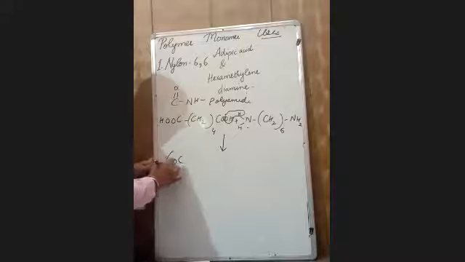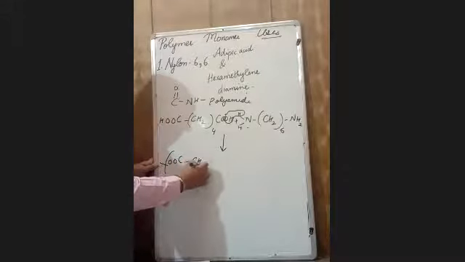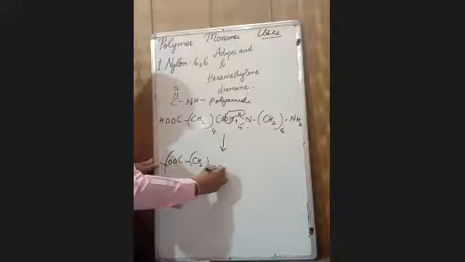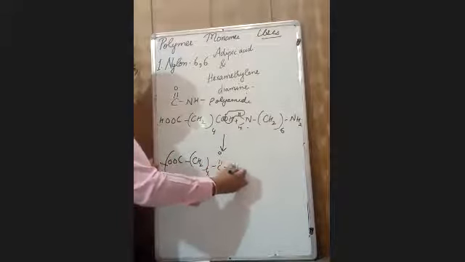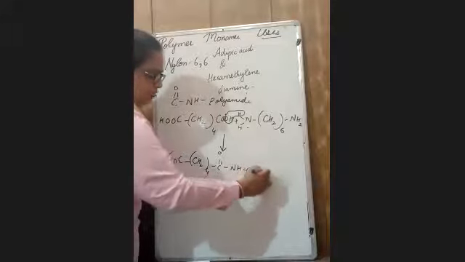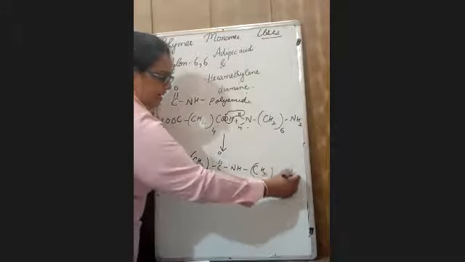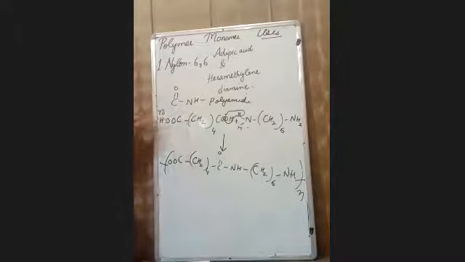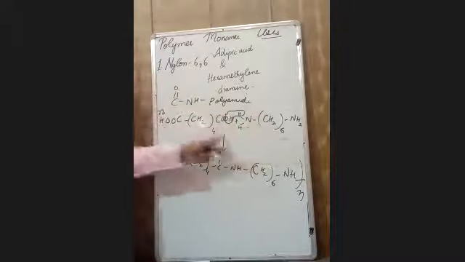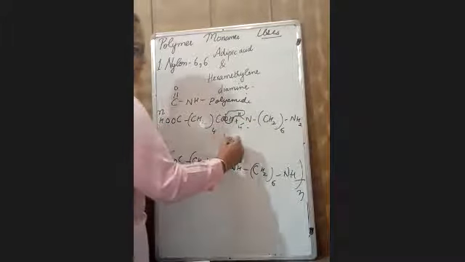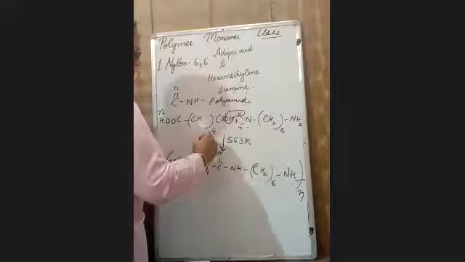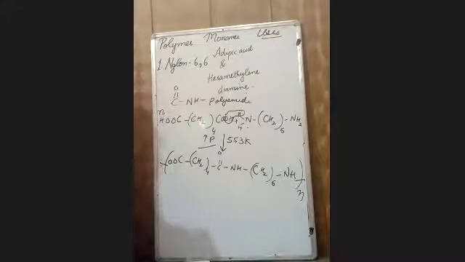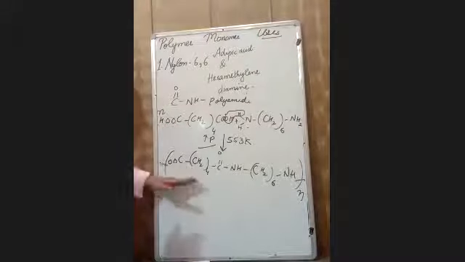COO, CH2 4, CONH, CH2 6, NH. I am taking N molecules of adipic acid and hexamethylene diamine. It undergoes polymerization at around 553 Kelvin temperature and at high pressure to form nylon 6,6.